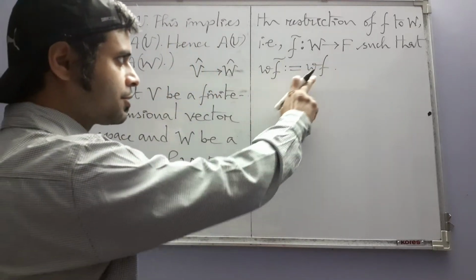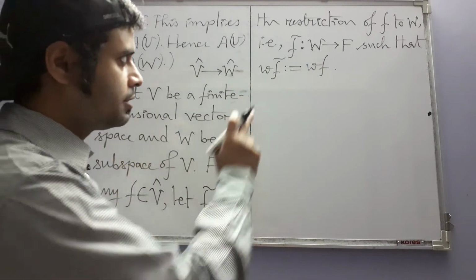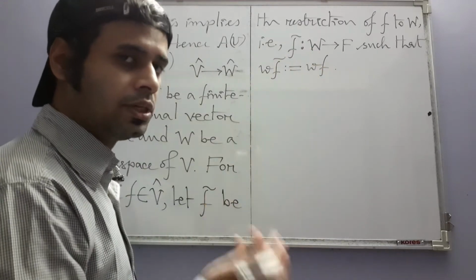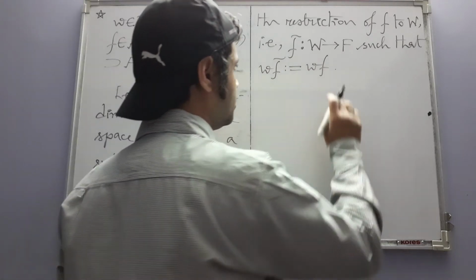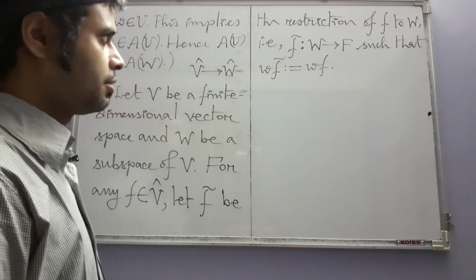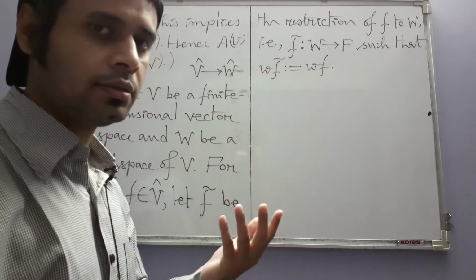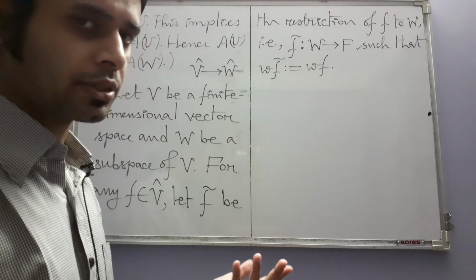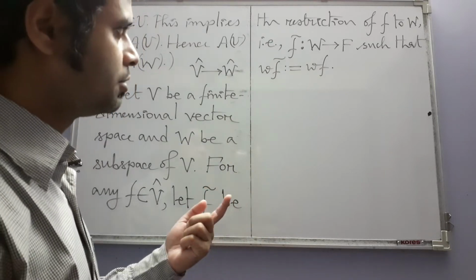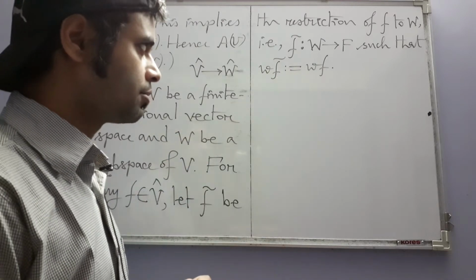The rule for this function is just the rule for the original function f. The only thing we have changed is the domain from V to W. Now it's extremely easy to see that the nature of f as a linear transformation, that is as a vector space homomorphism, will transfer that nature to f tilde also.